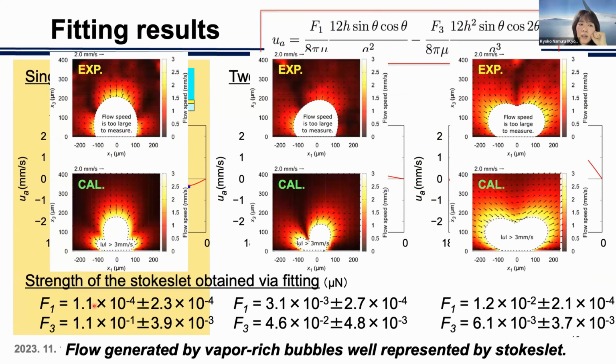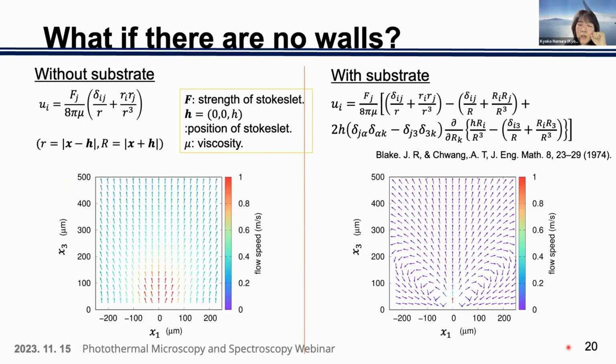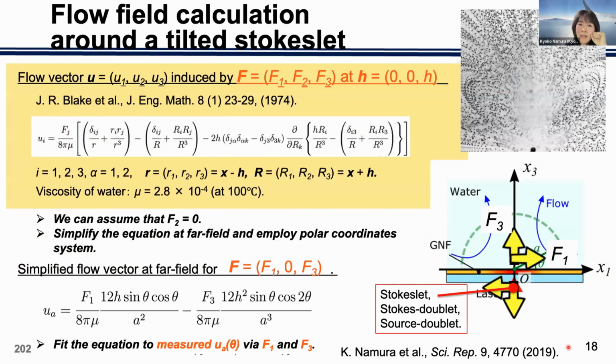So what we can say is that the flow generated by vapor-rich bubbles is well represented by the Stokeslet. Let's remind that the flow field generated by a Stokeslet near the wall is calculated by the Stokeslet and counter Stokeslet.